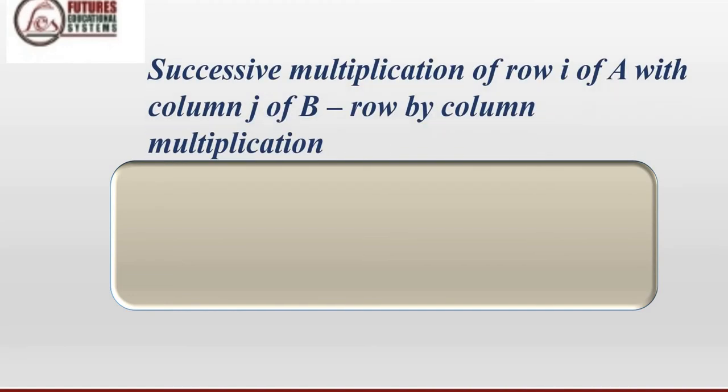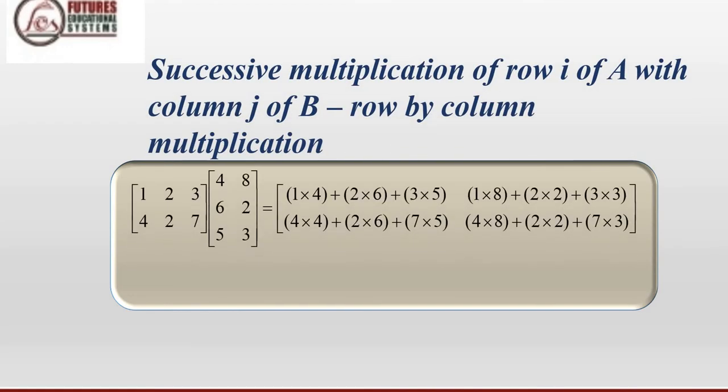In this example, I want to multiply two matrices. From the beginning, we have to check. The first matrix is in order 2 by 3 and the second matrix is in order 3 by 2.